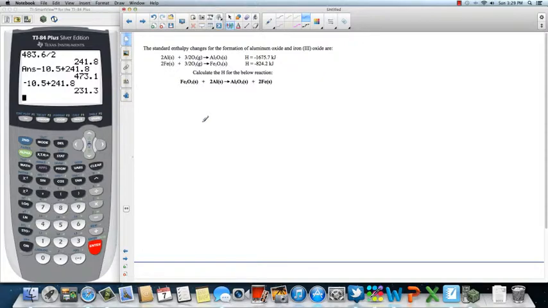So what we're left with is 2 aluminums plus 3/2 of an O2, because that's what was given to us, gives us Al2O3, with a delta H equal to negative 1,675.7 kilojoules.